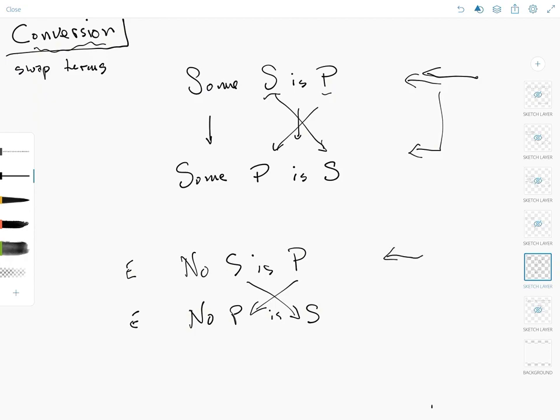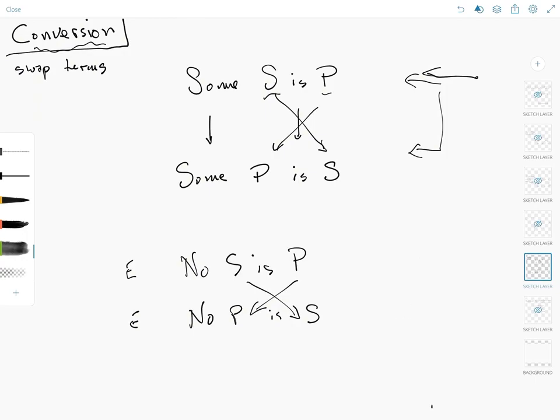This starting premise is E. That means that it's negative. The conclusion is also negative. So it's important to see that we retain a lot of the characteristics, even though we're making a change in the operation of conversion. So let's look at one more example of the mechanical operation itself.